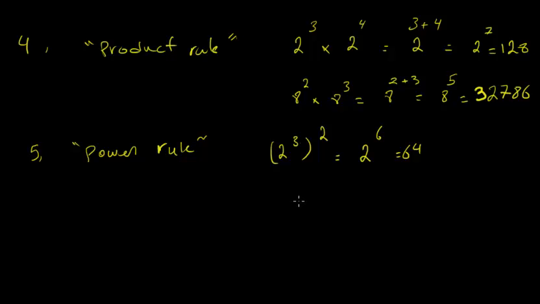Let's do another example. You have 4 raised to the 6th power, and then together they are raised to the 5th power. You write down the base and multiply the powers. 6 times 5, you have 4 raised to 30.